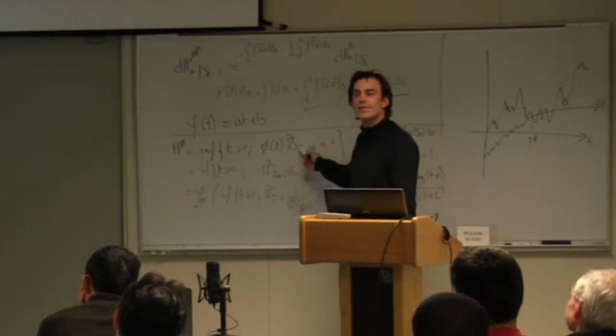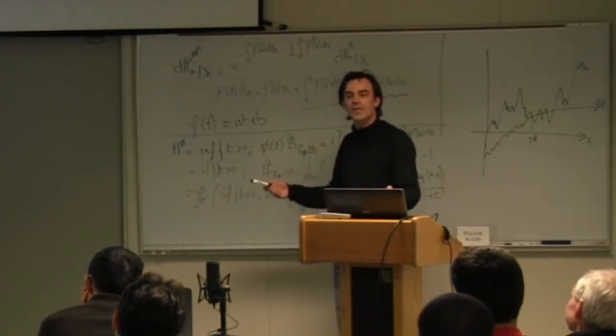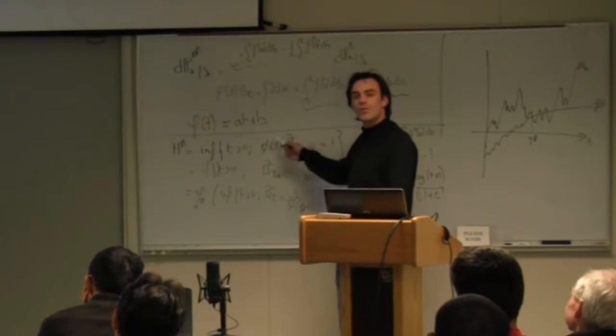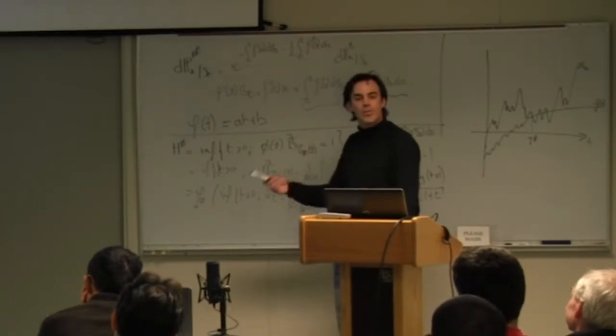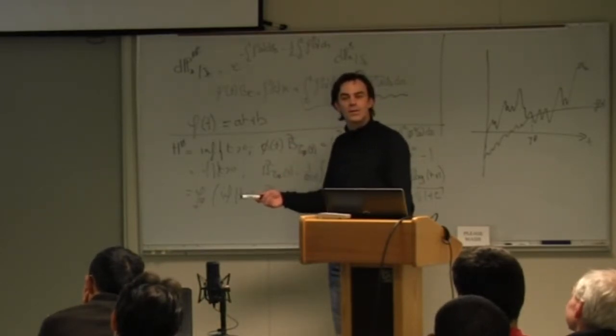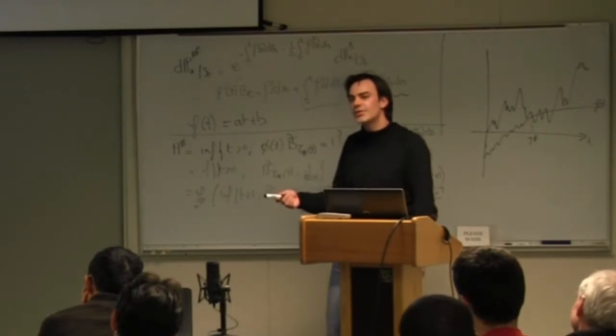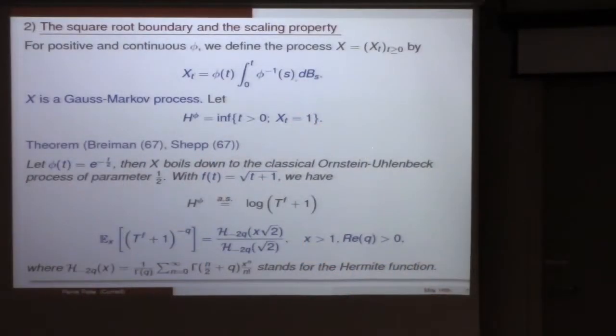So for showing that the Ornstein-Uhlenbeck is a homogeneous Markov process, when you represent it in such a way, the scaling property plays a key role. So that is one explanation why the expression for the Mellin transform of the square root boundary is accessible: because of the scaling property. And there is a second reason, which I will describe now.